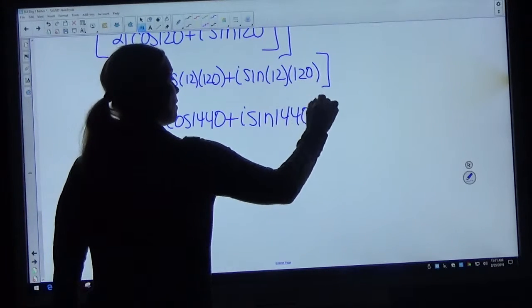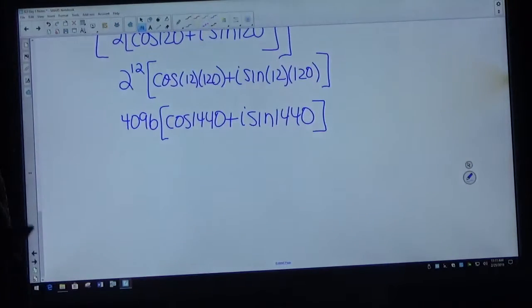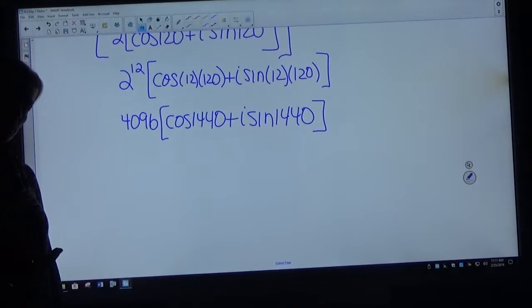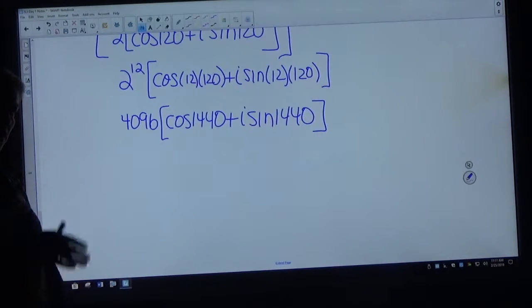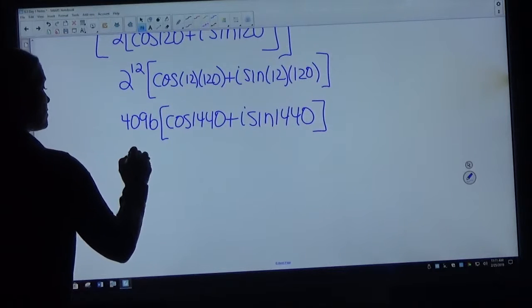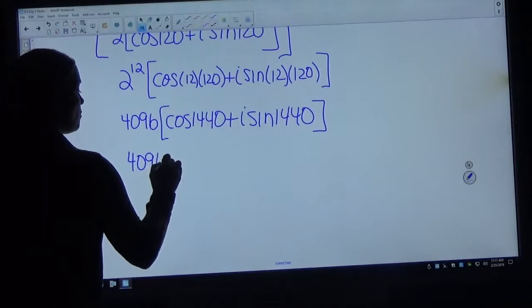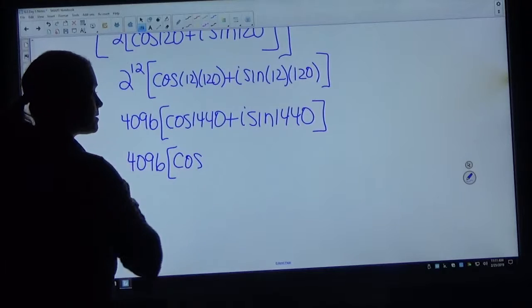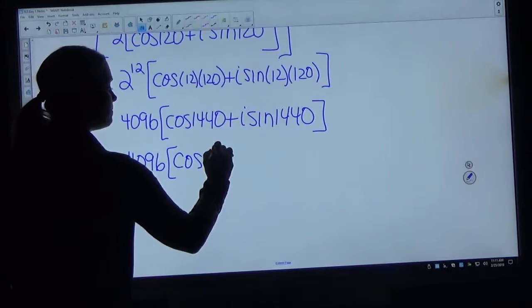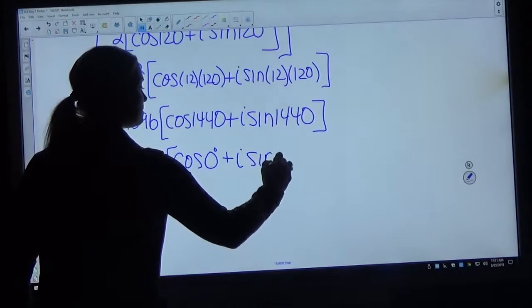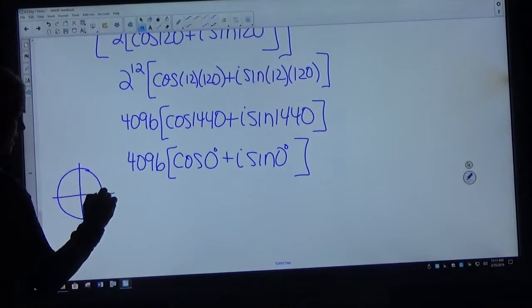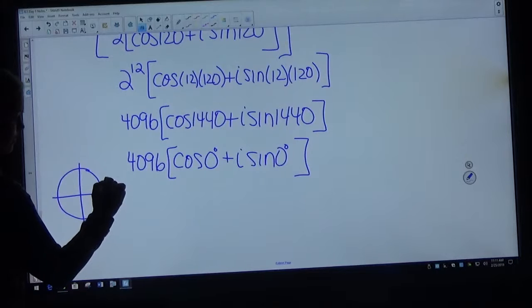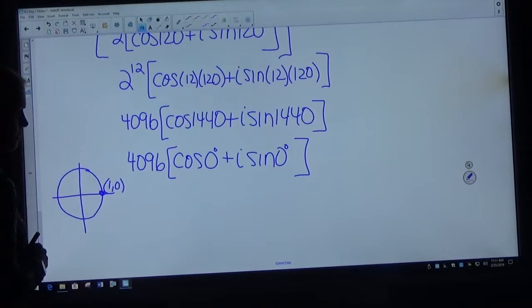Now, I don't want 1440. I want an angle that's coterminal with 1440. To find an angle that's coterminal with 1440, you have to subtract 360 until you are within where you want to be. Strangely, and I guess it's nice, when you subtract 360 and keep subtracting, you end up at 0. So that's nice. So the trig ratios at 0 are 1, 0 over 1, up 0.